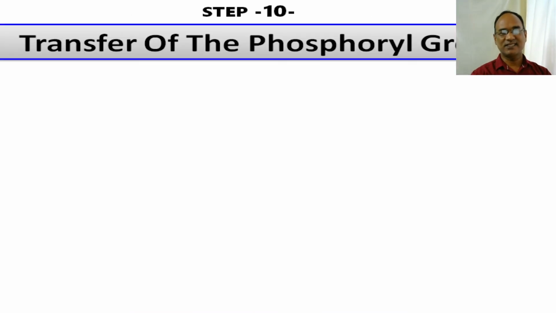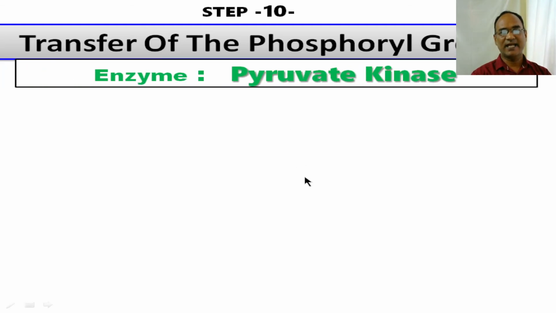And the 10th stage is the last phase of the payoff phase, the transfer of the phosphoryl group. In the ninth stage, there is only one phosphate. That phosphate can be detached from its chemical bond with the help of pyruvate kinase.